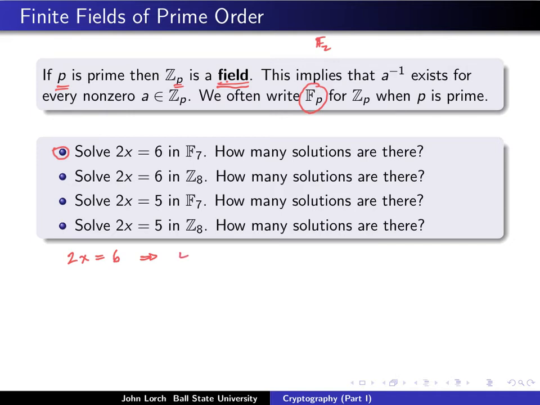So we're going to take 2 inverse times 2x equals 2 inverse times 6. Now, here we're working in F7, which is otherwise known as Z7, and 4 is the multiplicative inverse of 2 in Z7.